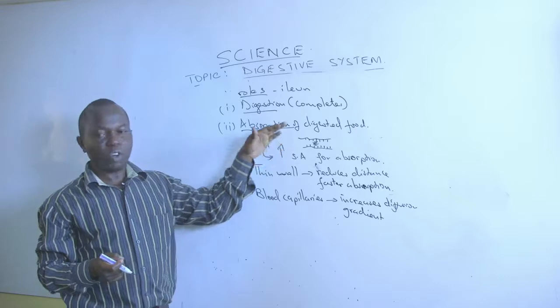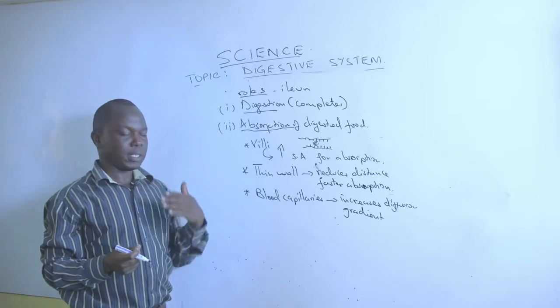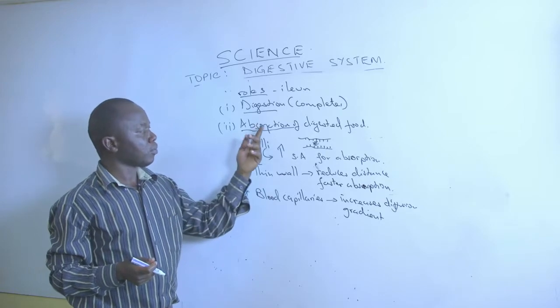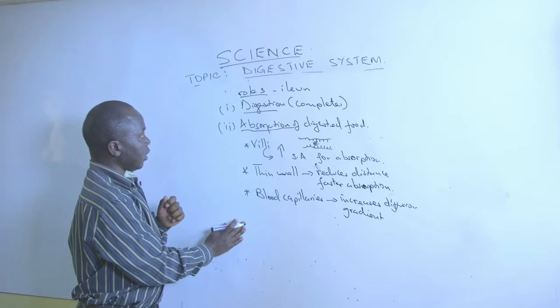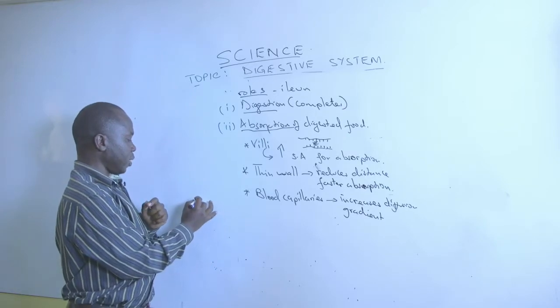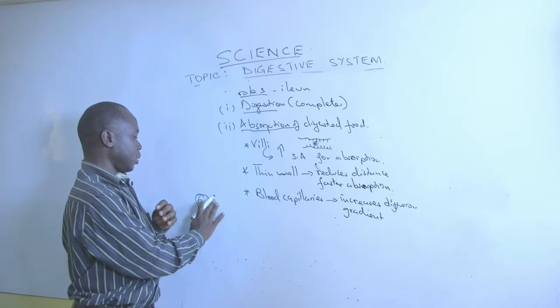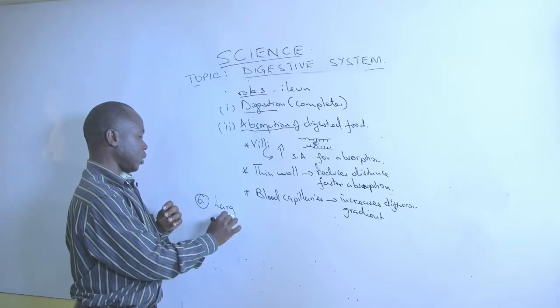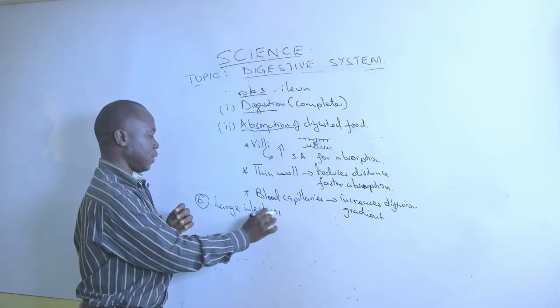But remember, not all food that is swallowed is going to be digested and absorbed. Some of it will be undigested. Therefore, the food will move down into another organ called the large intestines.